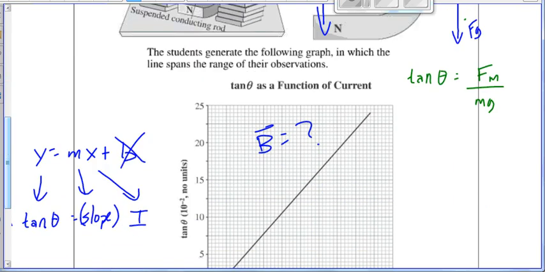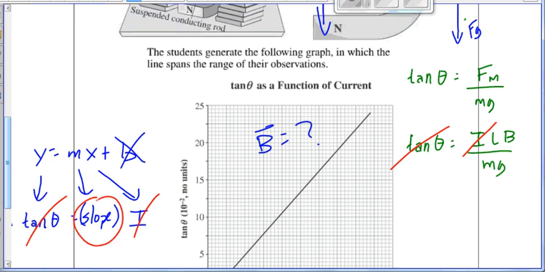Tan theta is equal to the magnetic force over gravity, but the magnetic force is ILB, over m times g. Oh, look. Tan theta disappears, I disappears. What are we left with? The slope is equal to LB over m times g.